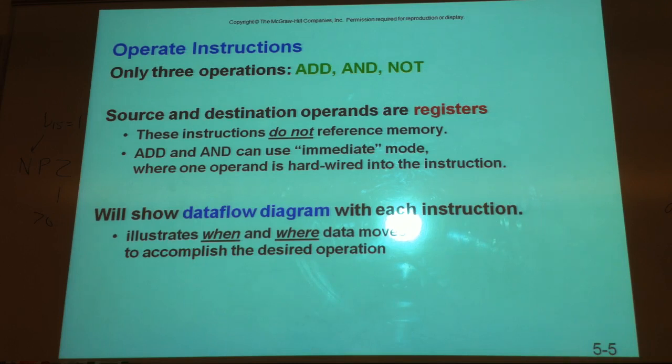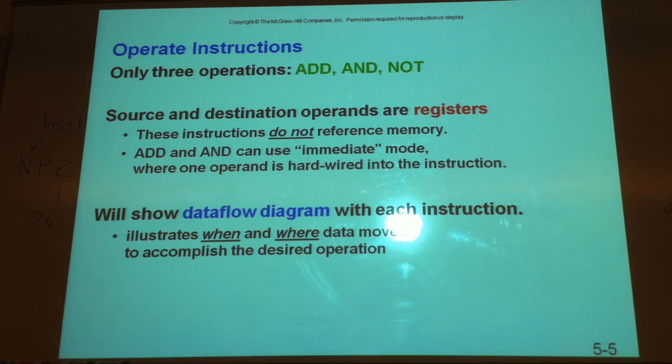I'd say NOT R3, comma, R3. I don't have to have two operands, where one of them has to be a register and one can be immediate or a register. There's only one operand, so that's why.